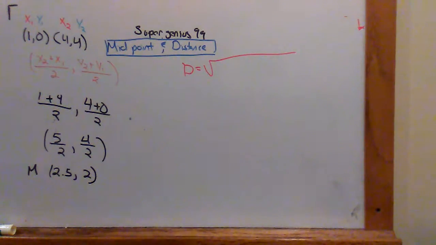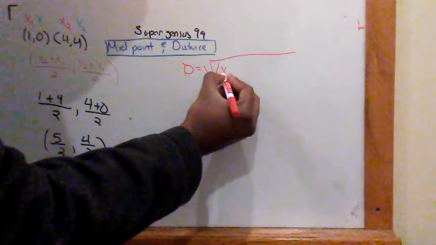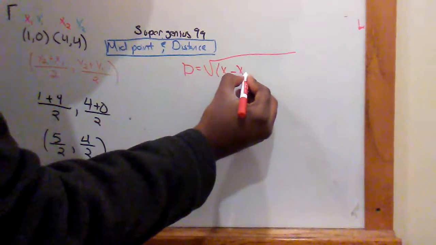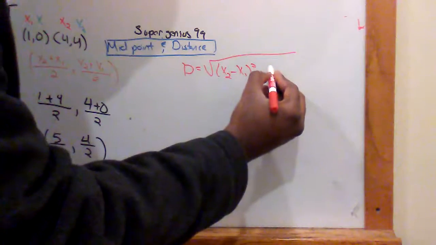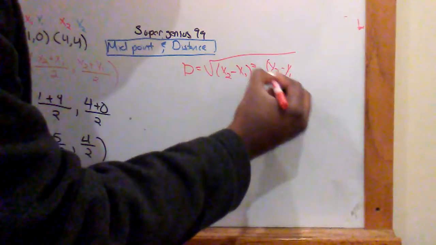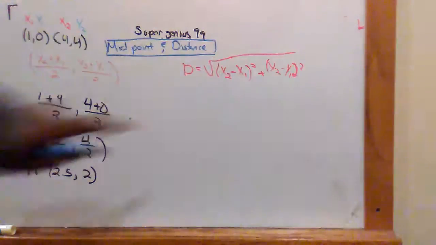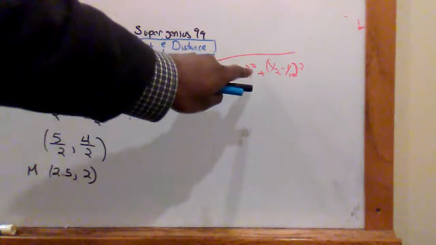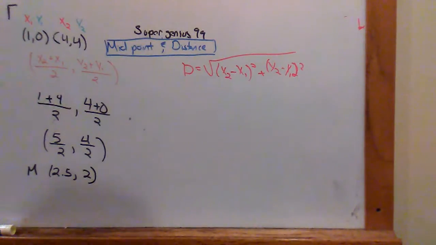So basically, in formula, it just looks like this. So you're getting the sum of the squares of the differences, the square root of that.